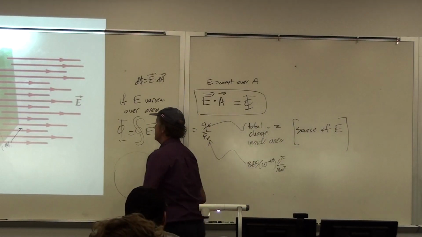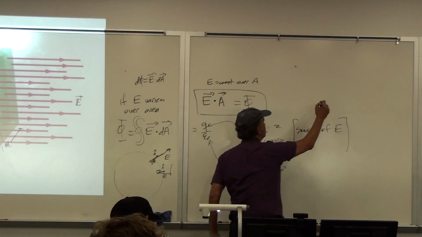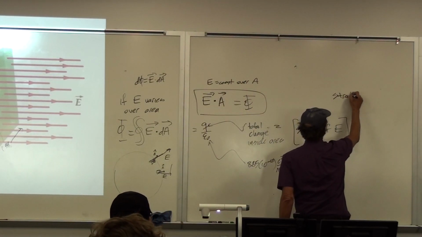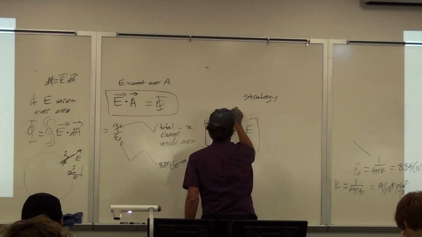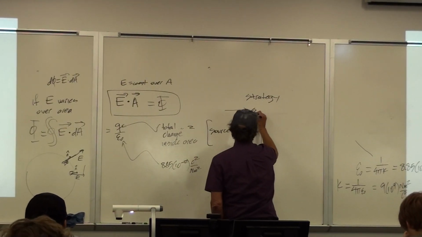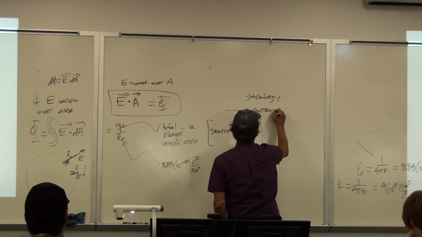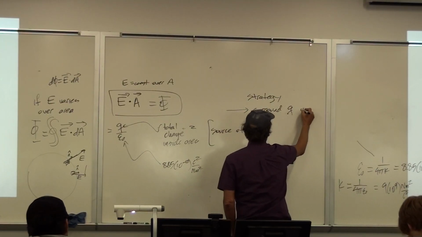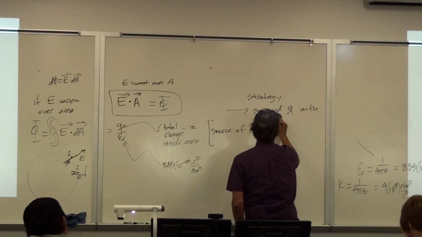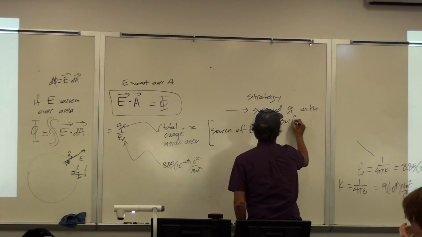All right, so our strategy then is that we surround the charge with a surface. This is called a Gaussian surface.